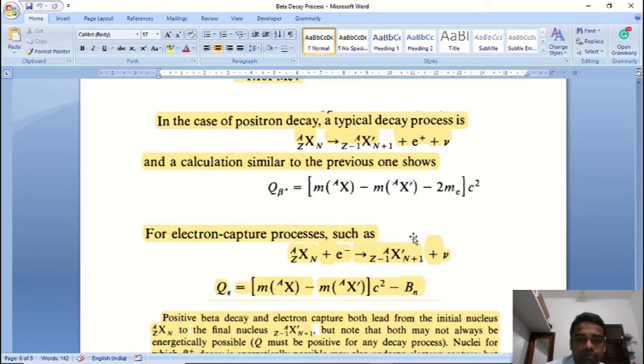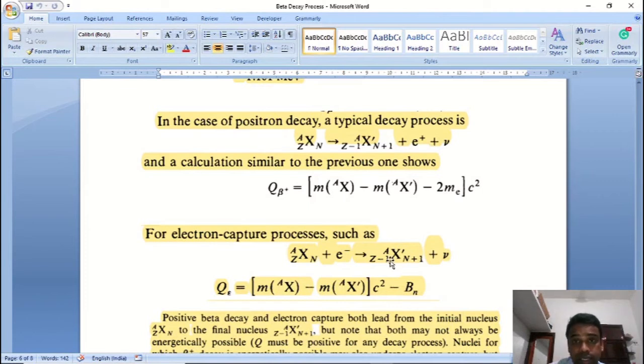In the case of the beta electron capture process, AZXN plus: the nucleus is capturing an electron from the innermost shell. Then the proton number decreases by 1. The proton captures the electron and becomes a neutron. Therefore, the neutron number increases by 1, so n plus 1, and the total A is the same. So this is the daughter nucleus.